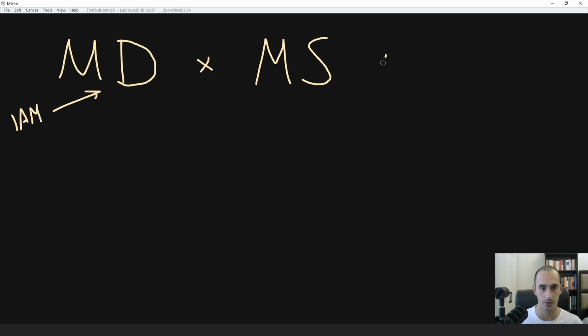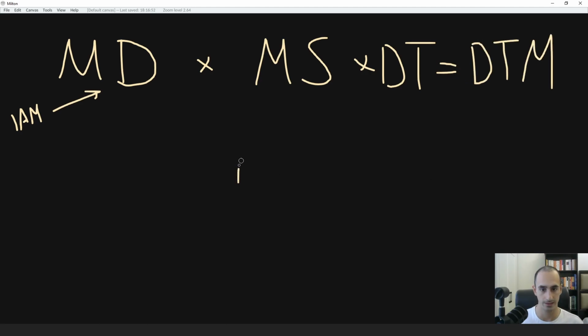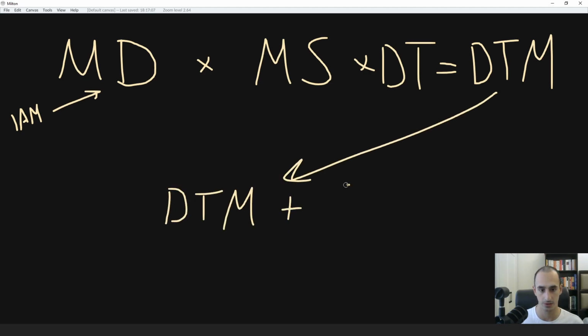And finally, we're also going to use the delta time here so that this movement is frame rate independent. This is going to give us the distance to move. So that distance I just showed you that the player needs to move to be in the next location. So like I said, we're going to take this distance to move and we're going to add this to the current location of the player, and that's going to give us the new location.